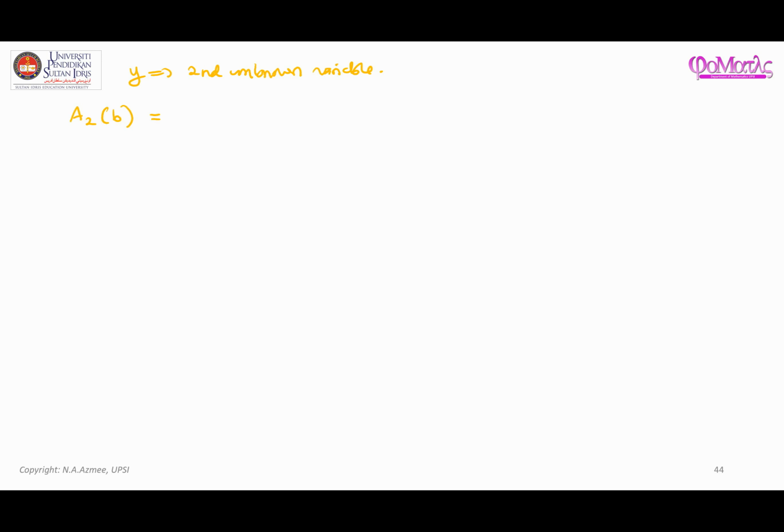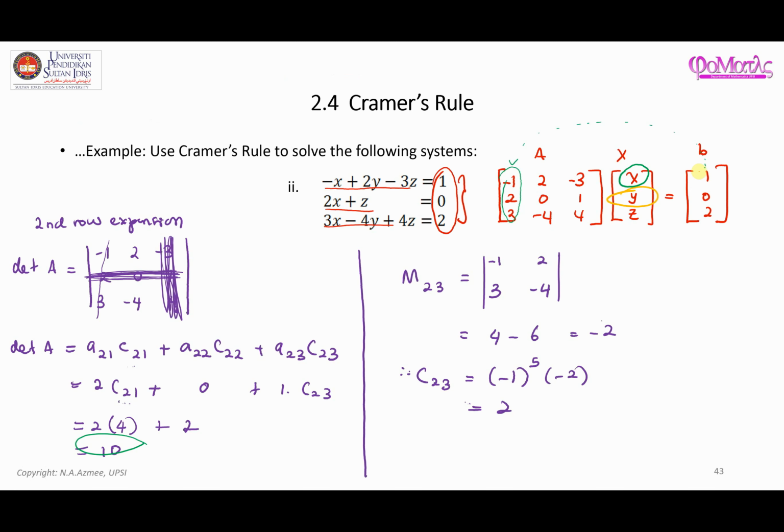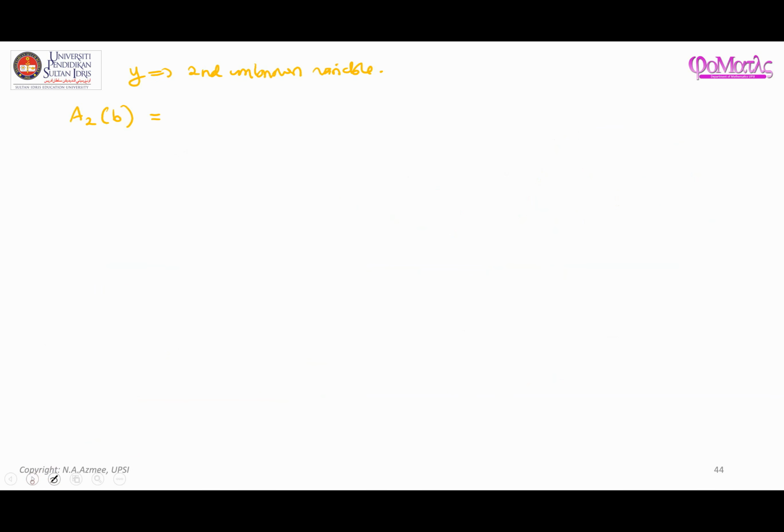That means you substitute the column matrix B into the second column of matrix A, because the second column is associated with the second unknown variable, which is y. So substitute B into the second column of A and retain the other values of matrix A. The new matrix is going to look like this.